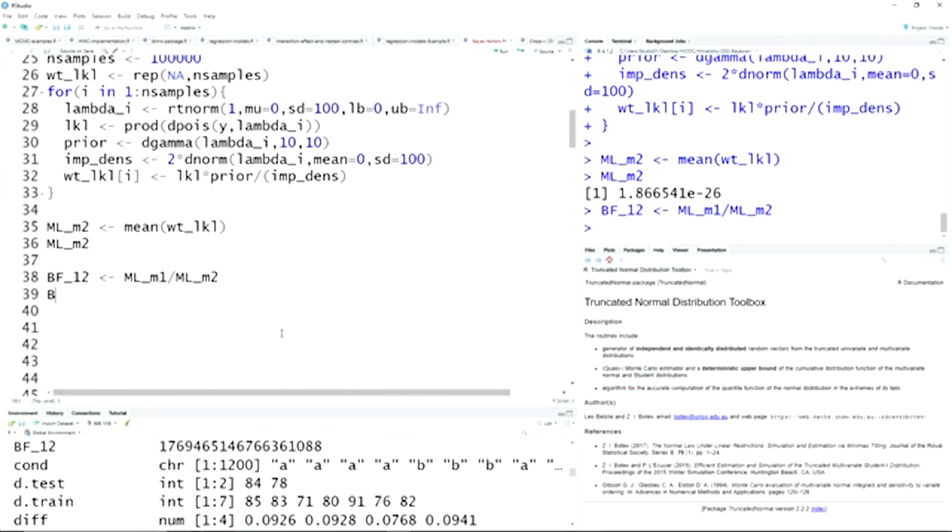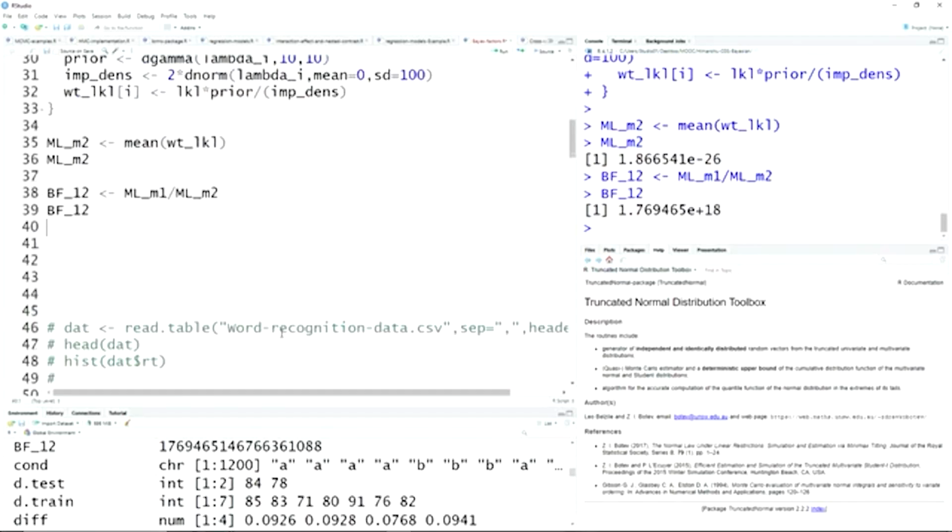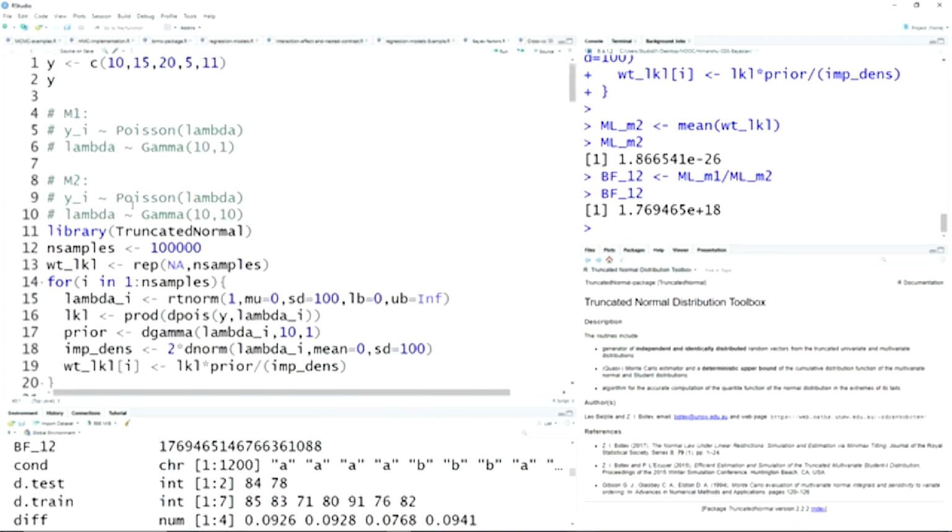So this Bayes factor will tell me the amount of evidence for model 1 compared to model 2, and this evidence is actually quite high, e to the power 18, 10 to the power 18. So basically it is a very large value. Okay, so there is strong evidence in favor of model 1 compared to model 2, and it makes sense because the kind of prior model 2 uses, gamma 10, restricts the lambda values to be between 0 and 2, and the data says otherwise, right.